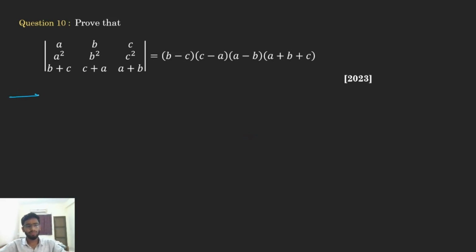Similarly, here we can take the same approach. Here we have A minus B, so we can subtract this from that. Now here we have to subtract column 2 from column 1.